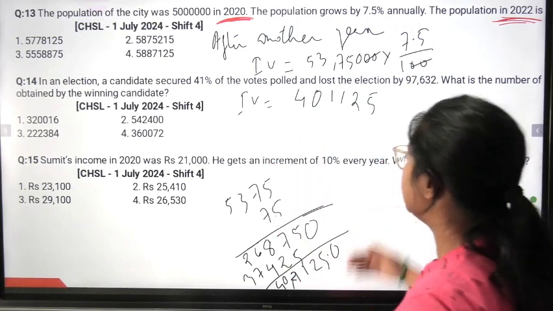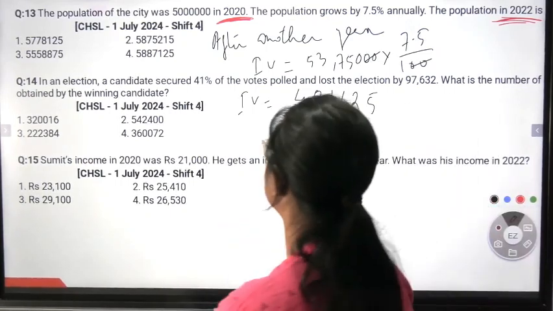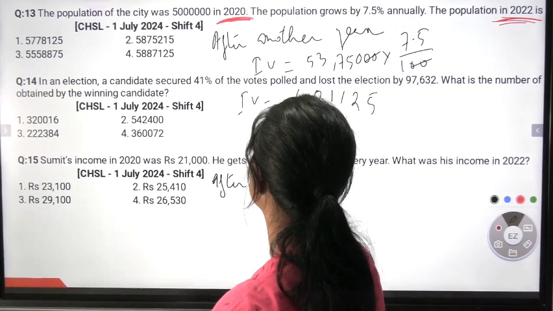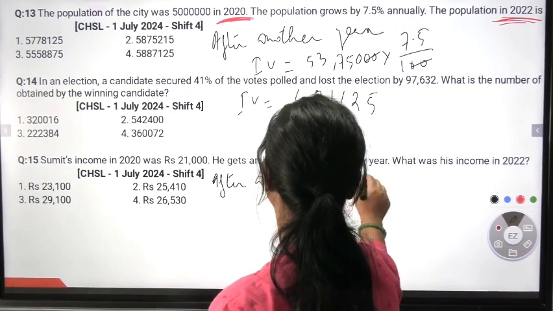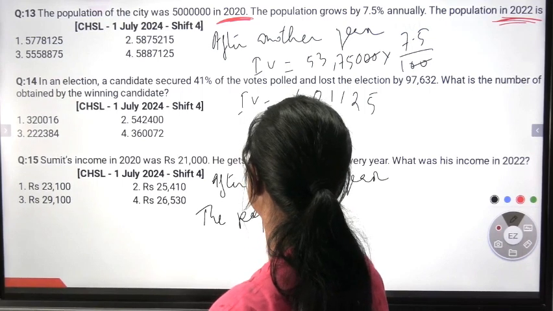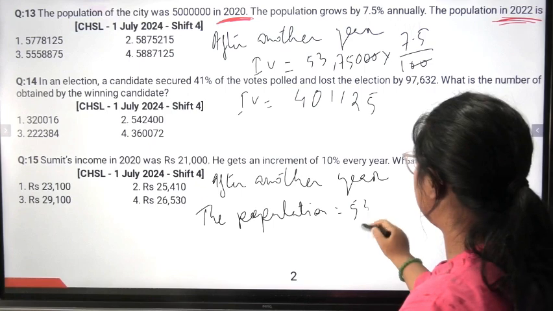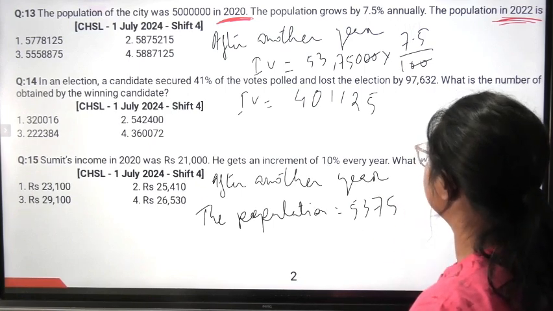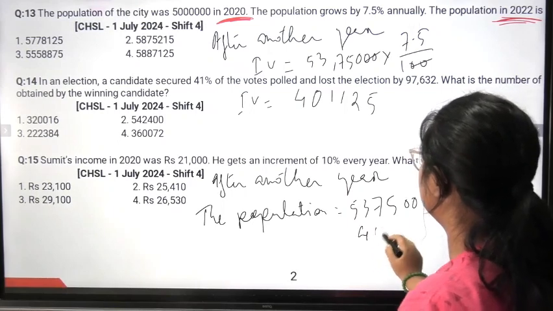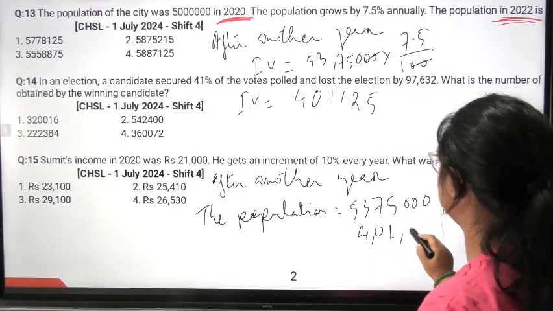So if my increased value is this now, after another year the population would be how much? After 1 year, the population is 53,75,000 plus now 4,01,125.